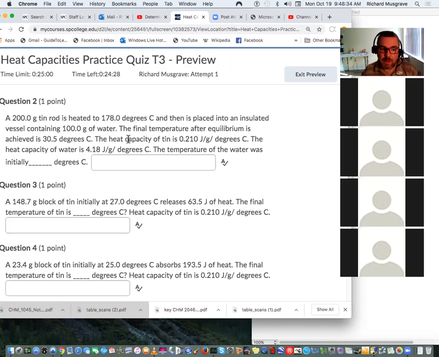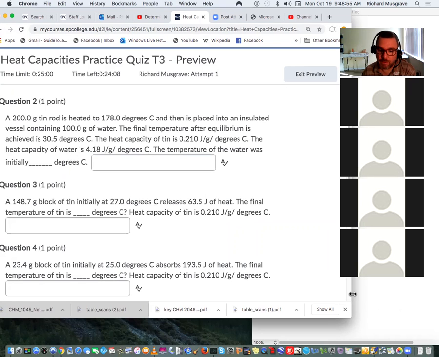We know that the equilibrium temperature is 30.5 degrees Celsius. The equilibrium temperature is the final temperature of both the water and the tin rod. What we're looking for here is the initial temperature of the water.